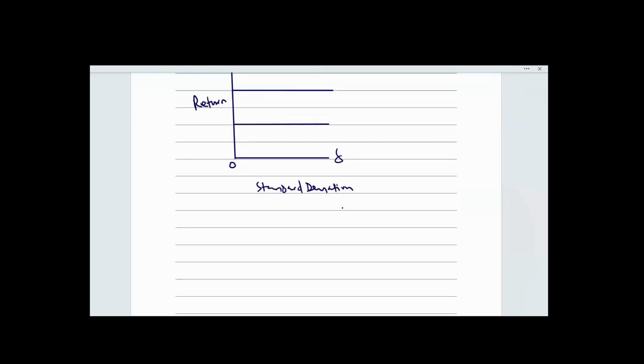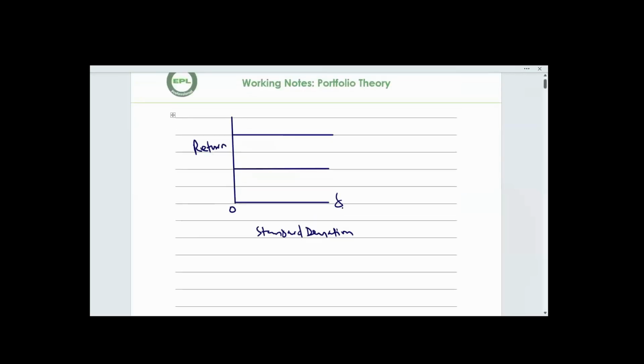All right, let me adjust this one a little bit. Let me push it up. Return. All right. So for the return, I have return level 1. I also have return level 2, right? So I have standard deviation. I have risk level 1 and then risk level 2. So this is D1, standard deviation 2.